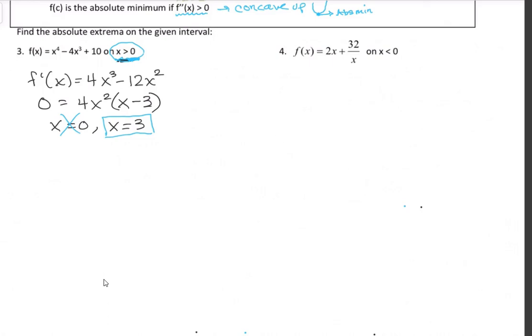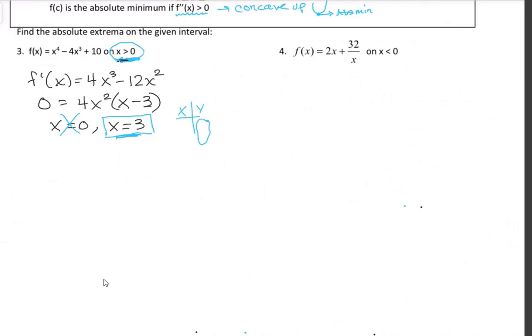So here's why I have to have some other method of determining what 3 is. In the previous examples, we created an XY table, and then we compared our Y values. The biggest one was the max, the smallest was the min. But the problem here is I only have one X. So whatever its Y value is, I don't have that Y value to compare to anything else.